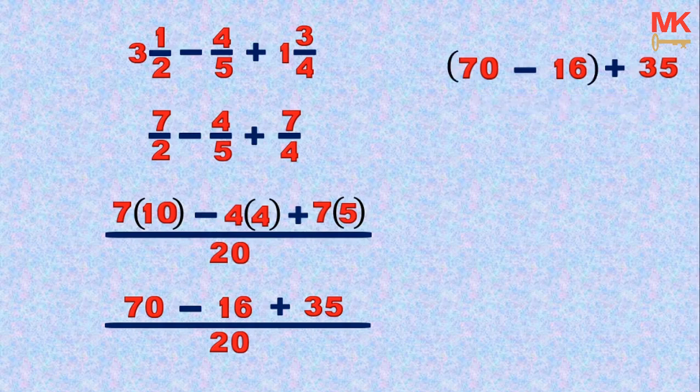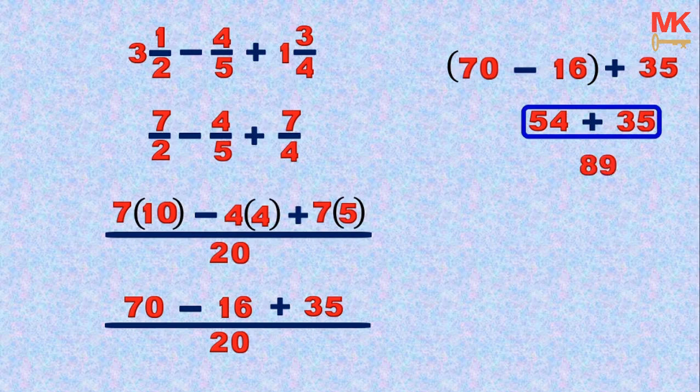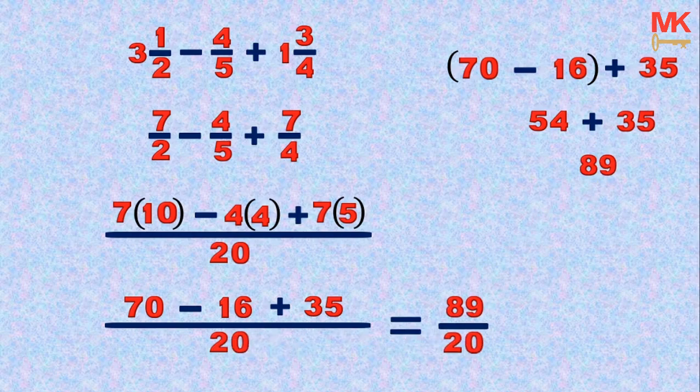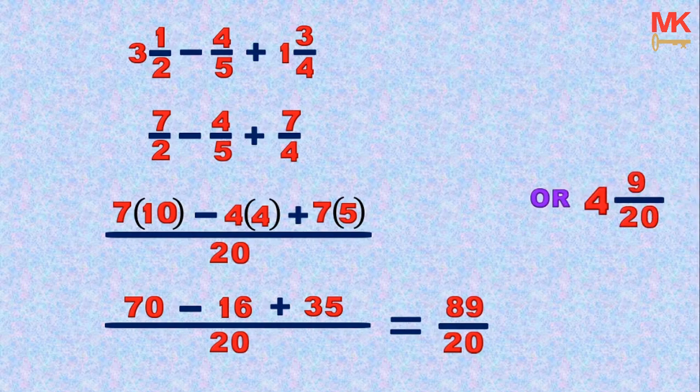So 70 take away 16 gives us 54. Then we keep the positive 35. Of course, 54 plus 35 equals 89. So our new fraction becomes 89 divided by the denominator, which is 20, or 4 whole number, 9 over 20. So this is how easy adding and subtracting fractions could be.